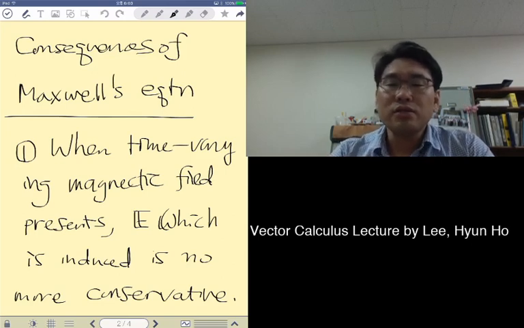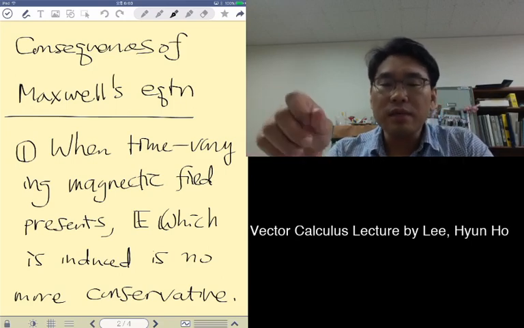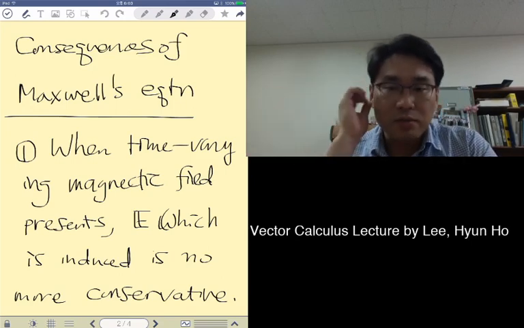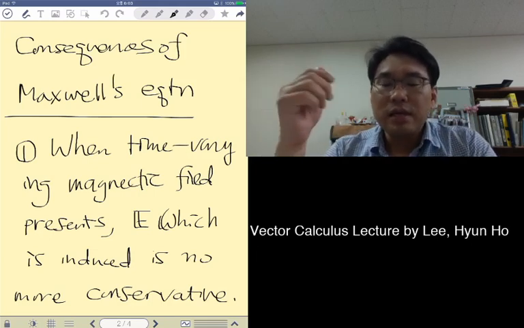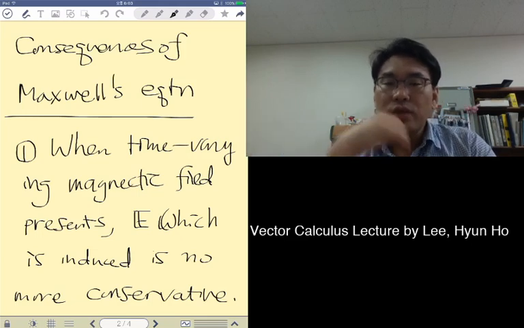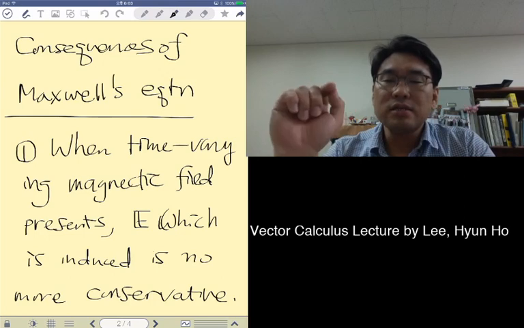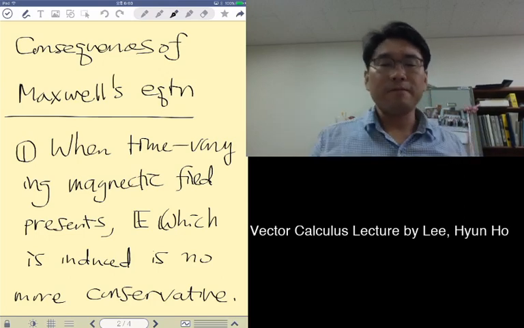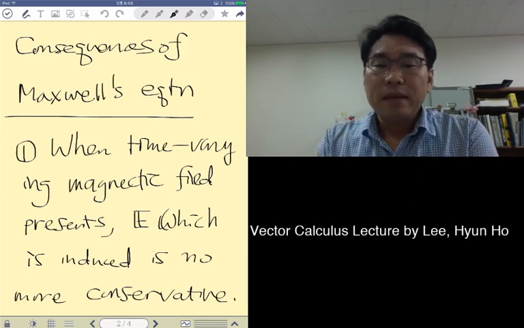And the other condition is that we can compute the curl of E. By Poincaré's observation, if the curl of the vector field is 0, then we can conclude that it is conservative. That's very important.